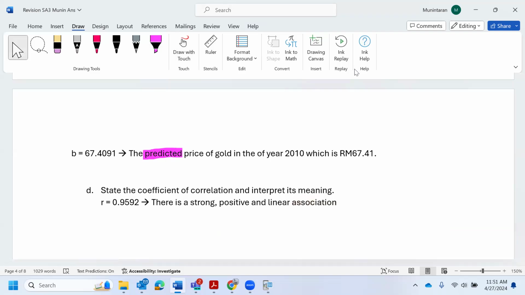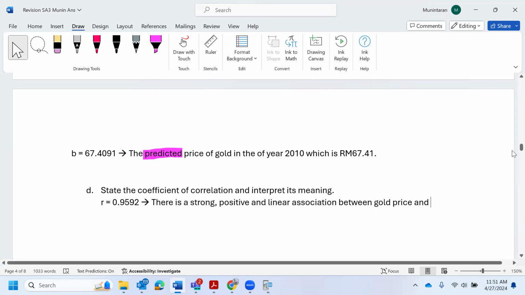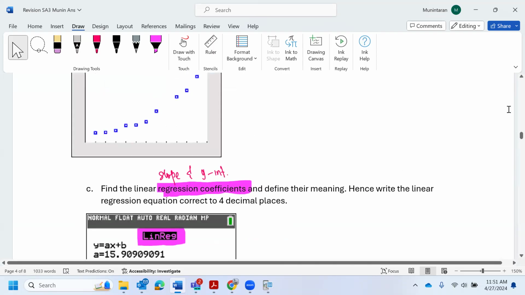That's the right word, association, but you can say relation. Positive linear association between gold price and... what is this?